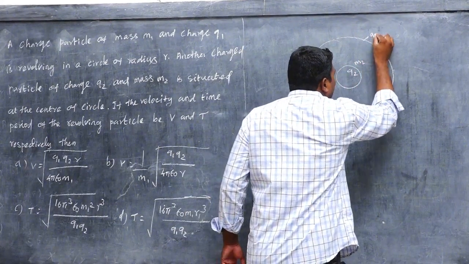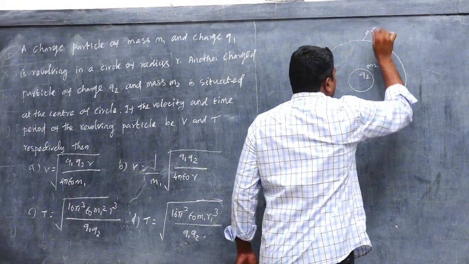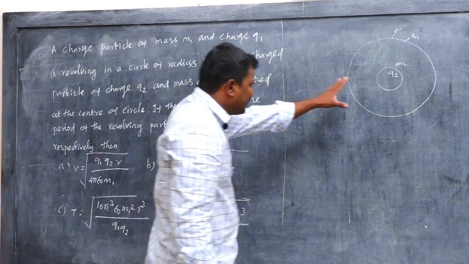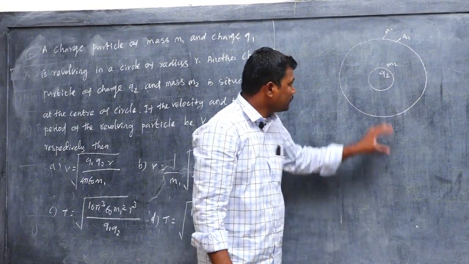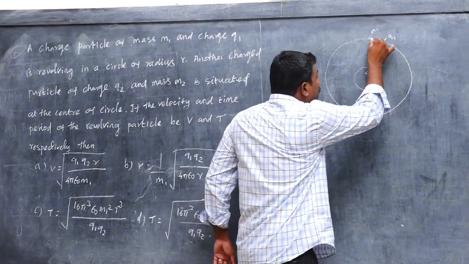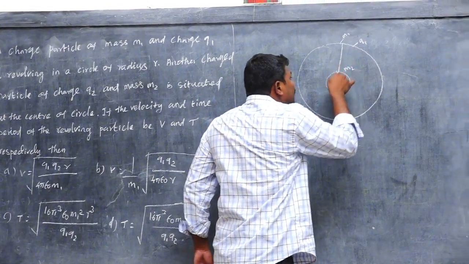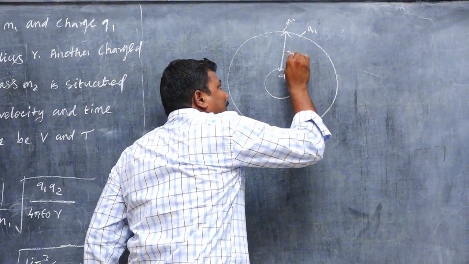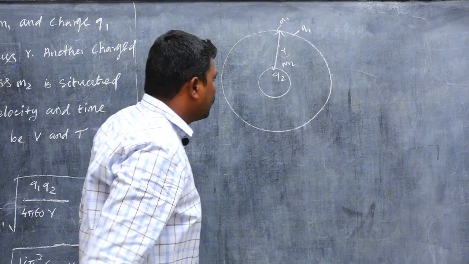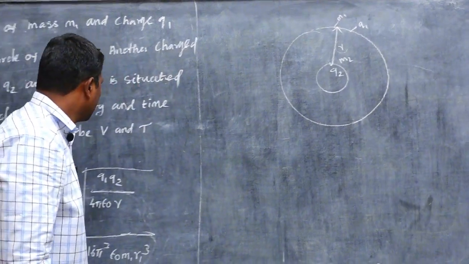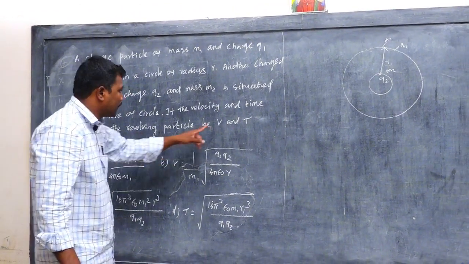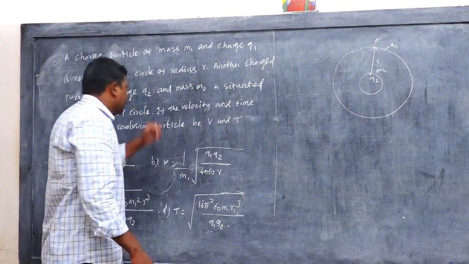These are the given quantities. The two charged particles are separated by a distance r. So how will you relate the problems for V and T?